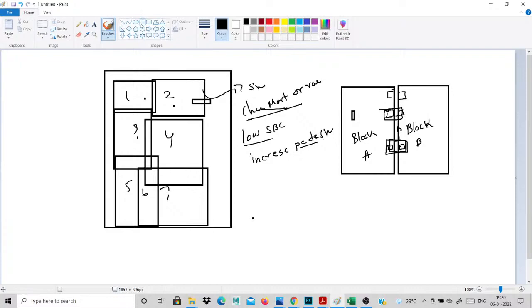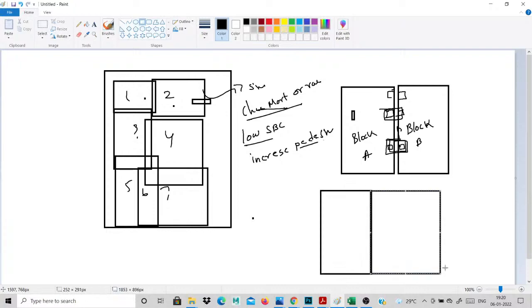Another condition: I create two buildings. For assumption, this is a new building and this is an existing building, already constructed. The client says the new building will start from the nearby corner.